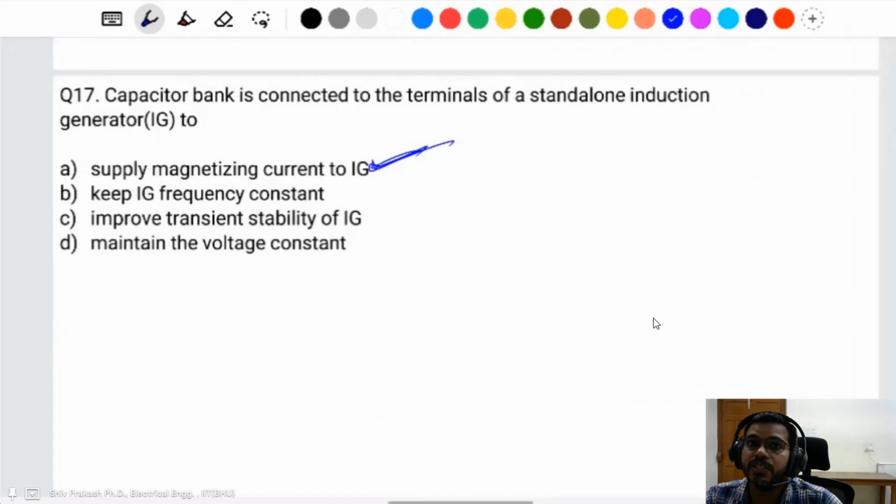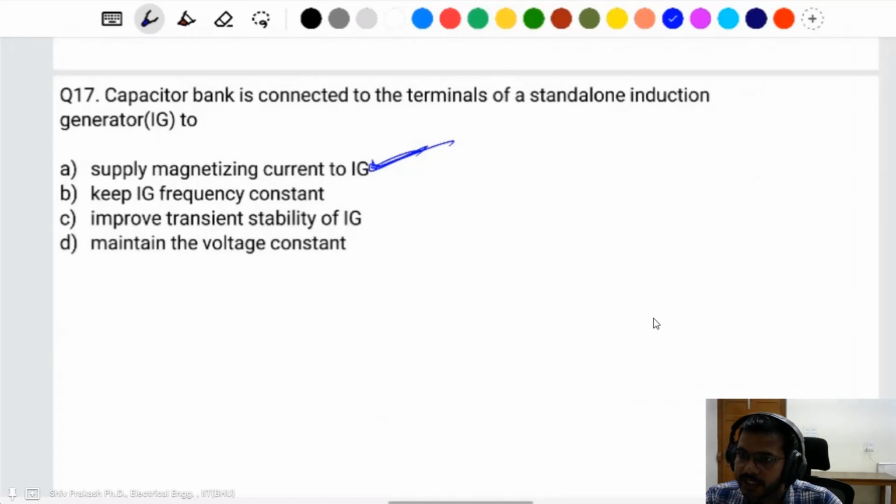Consider the induction generator. Suppose in place of an induction generator you have a synchronous generator. The synchronous generator has some flux in the field winding, because the DC field winding is connected in the rotor. In an alternator, the field winding in the rotor is excited by a DC supply, so some flux is developed.